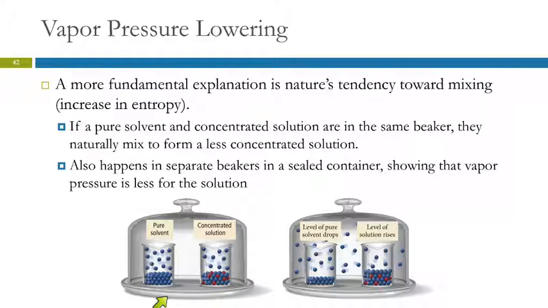The water is evaporating from both of these solutions, right? And it's going to establish a vapor pressure inside this container. And some of those molecules are going to be recondensing as well.